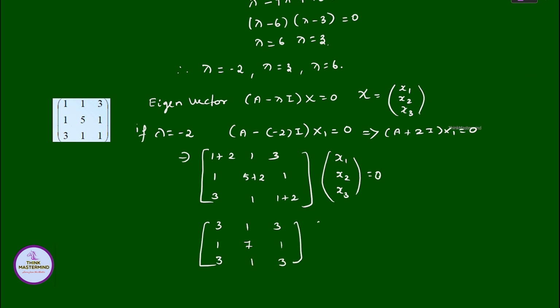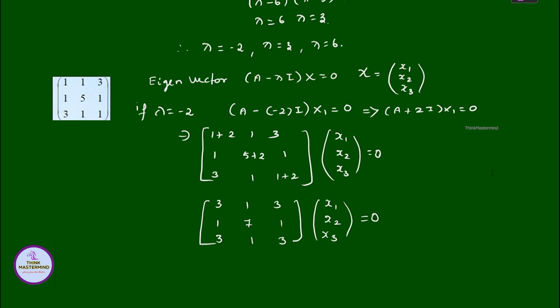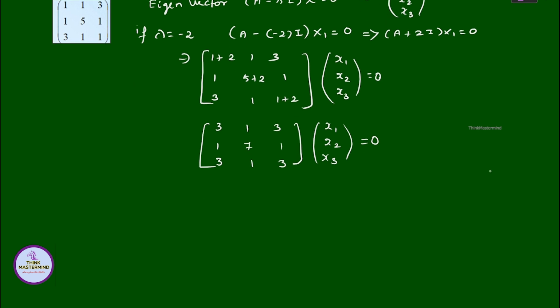From this it is clear that the first row and third row are the same. So we have to find the x1, x2, x3 values. We are taking either the second and third row or the second and first row. So here I am considering the second and third row.